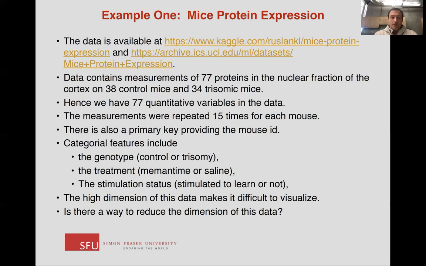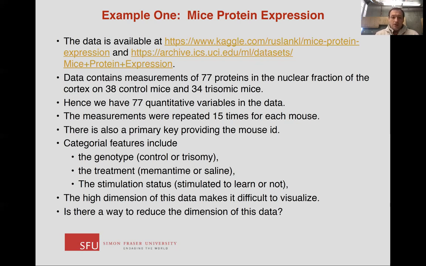It's quite a lot. The measurements were also repeated 15 times for each mouse. There's a primary key providing the mouse ID, and then there's some other categorical features in here. So we won't use the categorical features in the ensuing analysis. However, if you'd like to play with this data, it's up on Canvas, and you can do so.